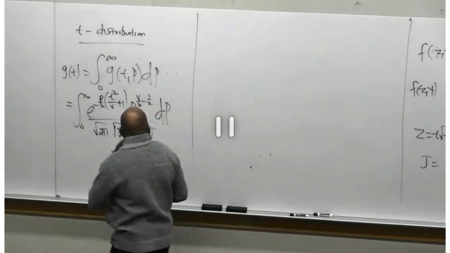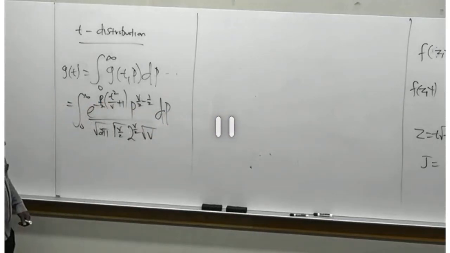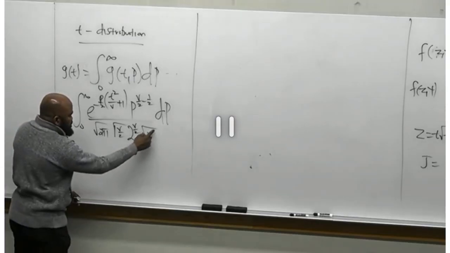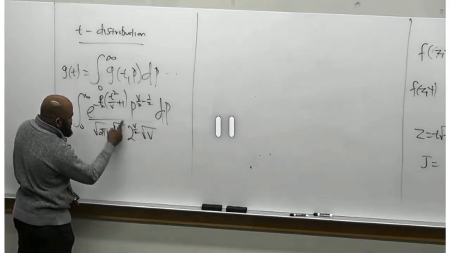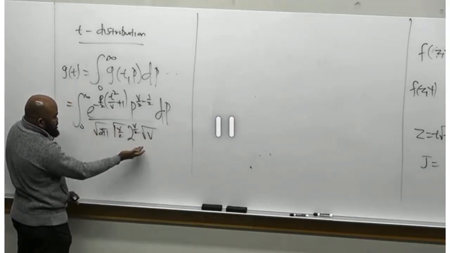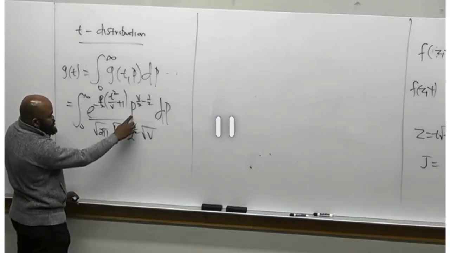Now, I want to integrate with respect to P. All these guys in the denominator have no P in them, they are all constant. But there's P here, there's P here.